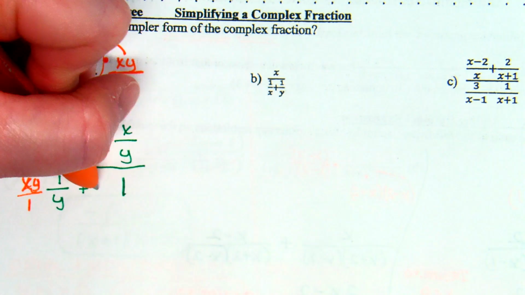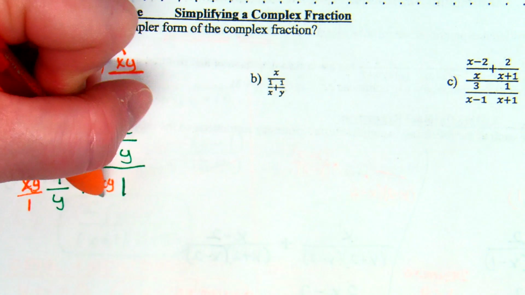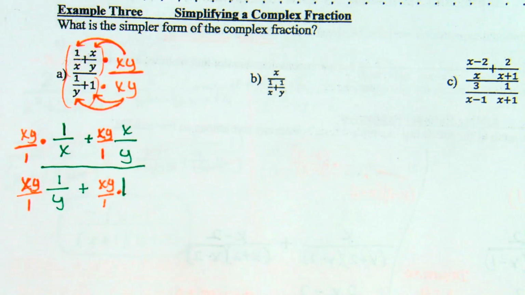And lastly, it's xy over 1 times 1, but I really don't need a fraction there, do I? I just got in the habit of putting it over 1. So we're taking that xy and multiplying by everything. And again, the whole point is to clear the fractions. I promise this will look nicer in a moment. You just have to give me a moment. Okay?